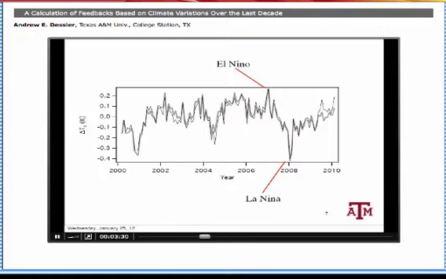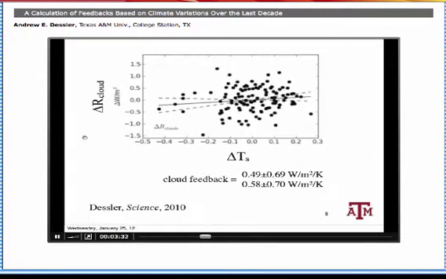When we put all that together, this is what you get, and it looks a bit like a mess, but nonetheless you can do statistics on it, and you can see that the slope of the energy trapped by clouds versus surface temperature is positive. That suggests that in the global average there is a positive feedback, although it's highly uncertain.